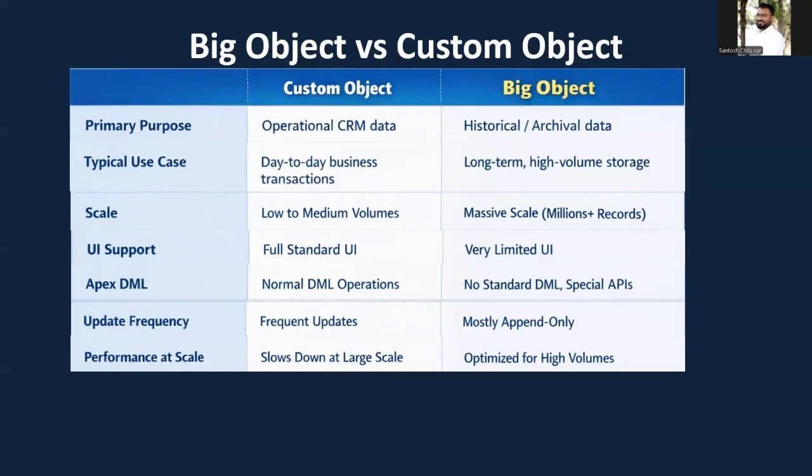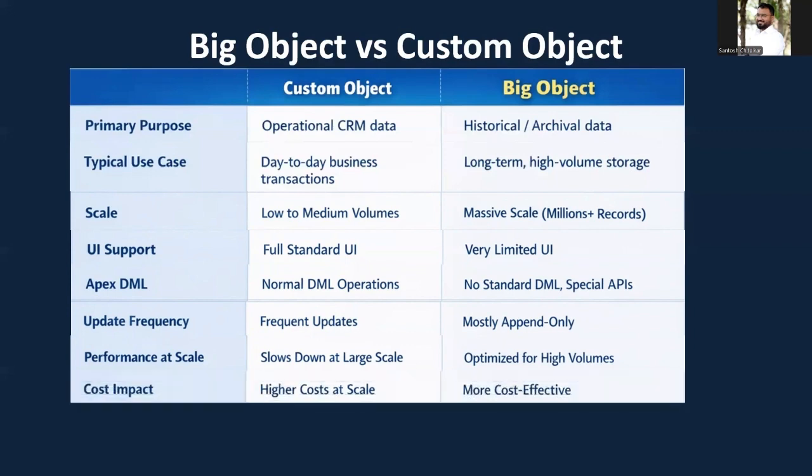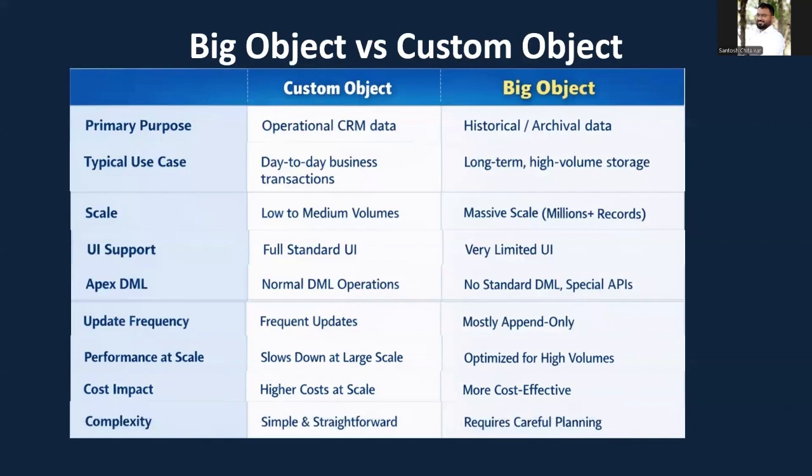Performance at scale: custom objects slow down at large scale and big objects are optimized for high volume. Cost impact: higher cost at scale for custom objects, more cost effective for big objects. And complexity wise, custom objects are simple and straightforward, whereas big objects need careful planning.